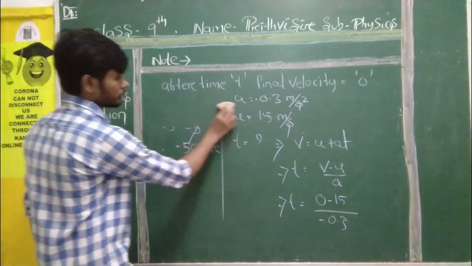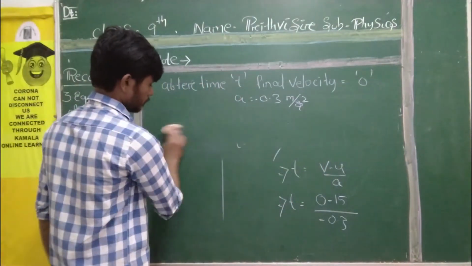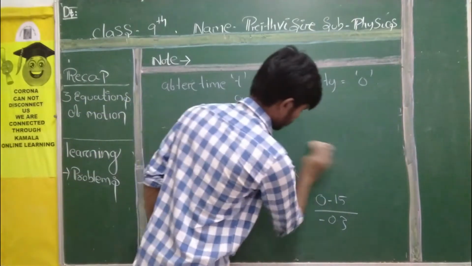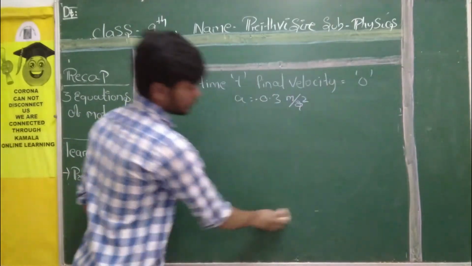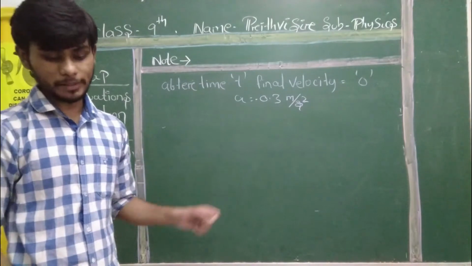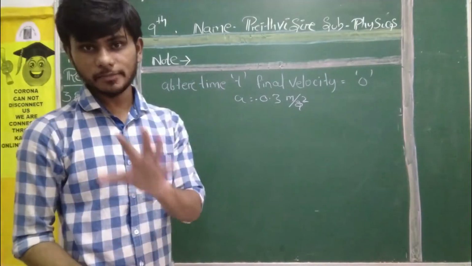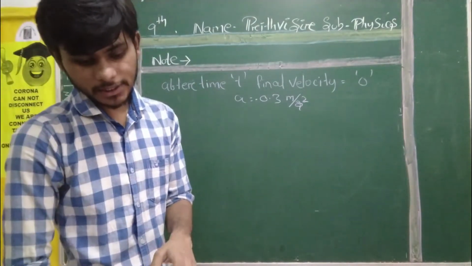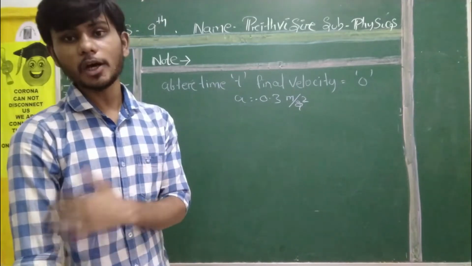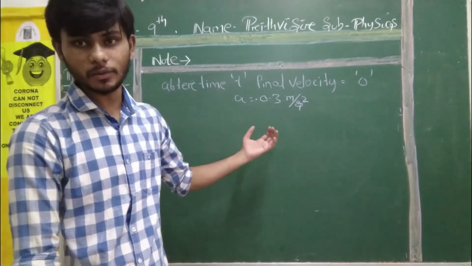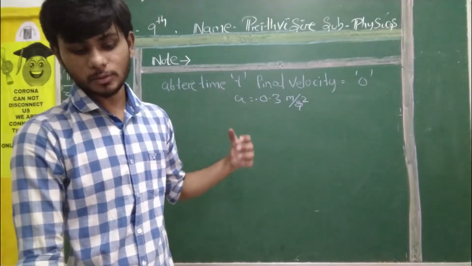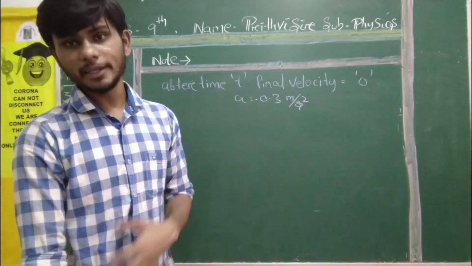We got our first answer, that is t is equal to 50 seconds. Now, how much distance will it cover during that particular time period? It will cover S is equal to minus u square by 2a.